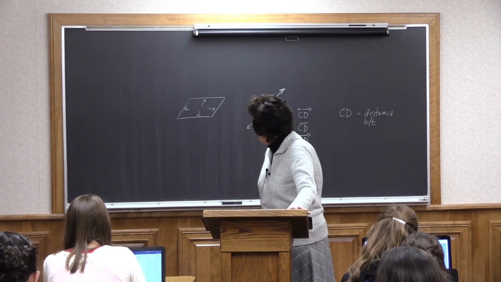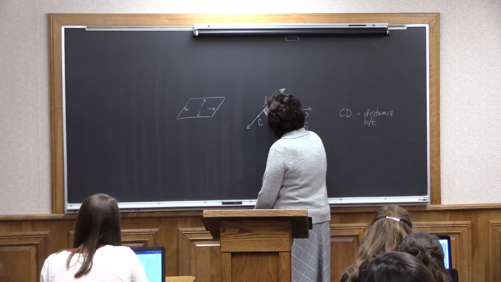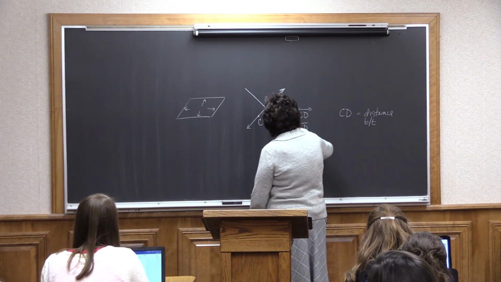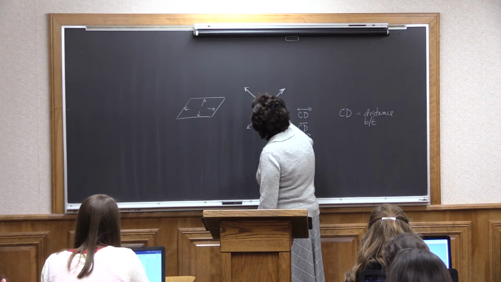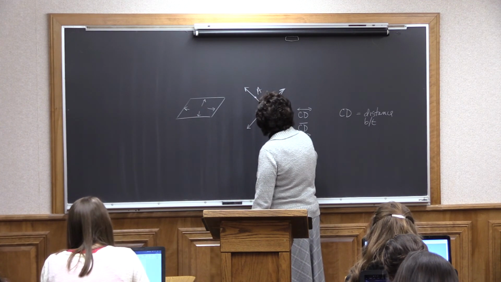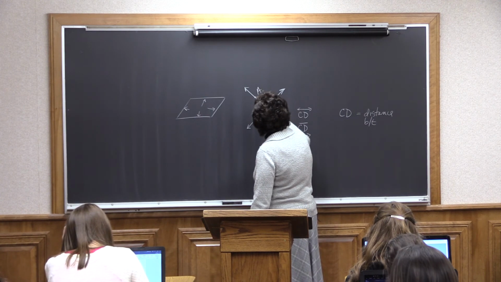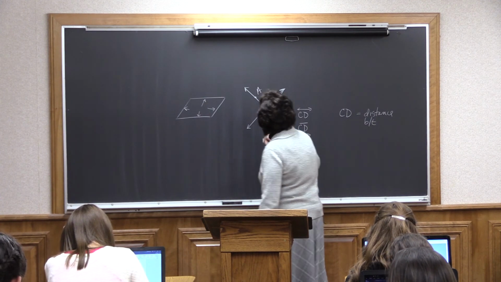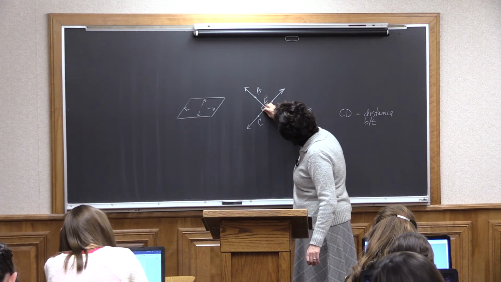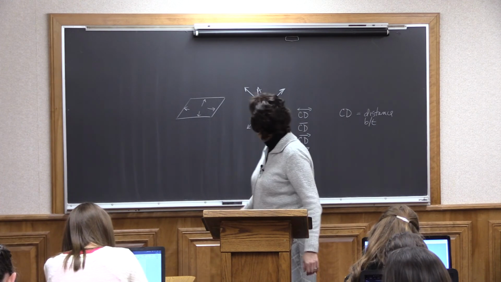Symbol for perpendicular. If we were to take another line and bring it through, intersecting, we'll call this line AB, and we'll call the point of intersection E. So if AB intersects CD at exactly 90 degrees, it is perpendicular.